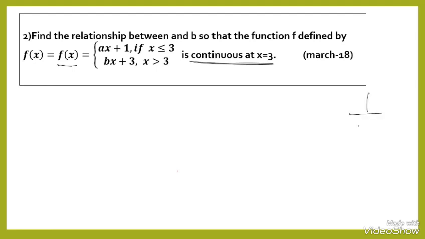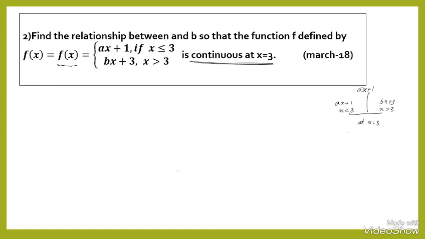At x equals 3, the value is ax plus 1. For x less than 3, the left hand limit, what is the value? ax plus 1. For x greater than 3, what is the value? bx plus 3. This is the basic structure for solving the function. Now we will solve it step by step.